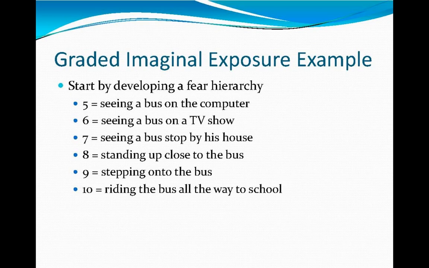So you kind of think of this as a ladder, and you want to move up the ladder and start at a certain rung on the ladder. So here I'm showing steps 5 through 10, the number indicating how anxious Billy would be if he were to do that. You do this in collaboration with the child and or the caregiver.